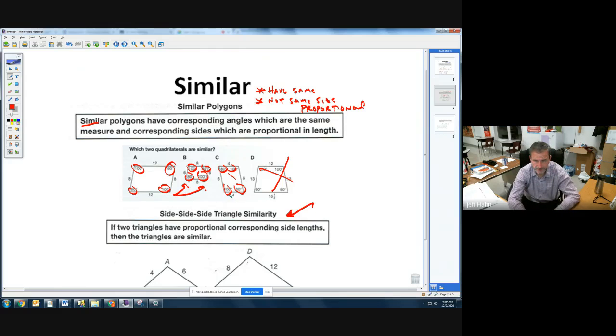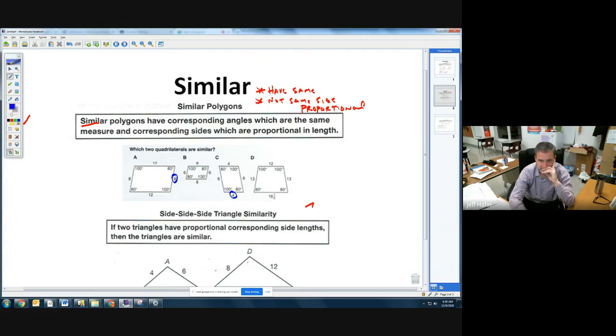I'm going to erase this so you can actually see it a little bit better, because now I got all this stuff here. If you look at this, side 4 is the short side on this, so it corresponds to the short side over here. Two short sides. Corresponding sides are proportional.